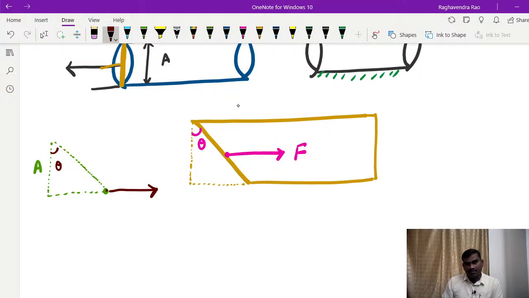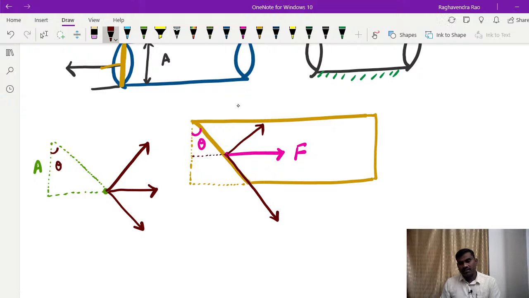We need to take the components of this force, acting in this way and in this way.